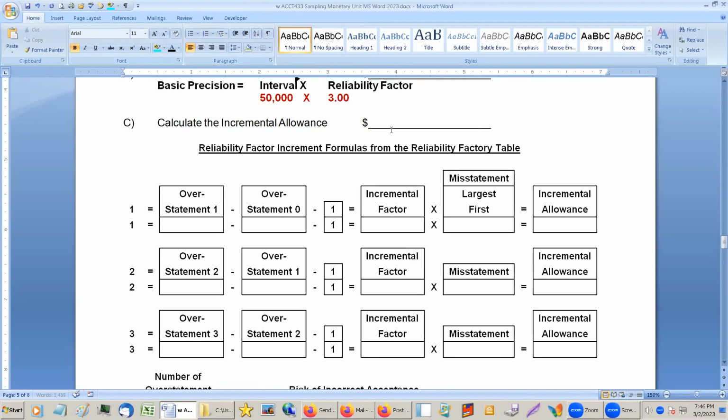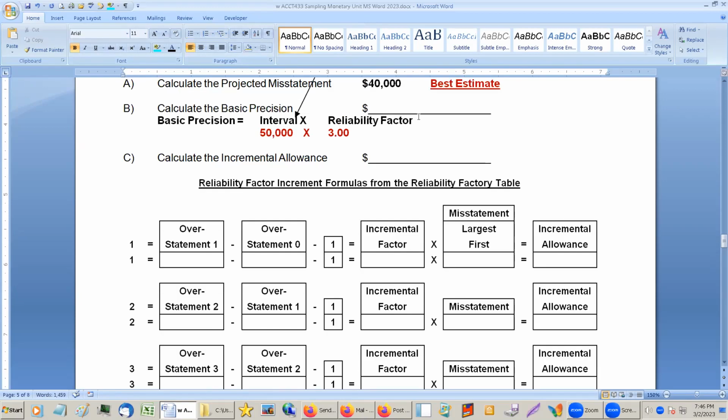And that will give us our basic precision, $150,000.